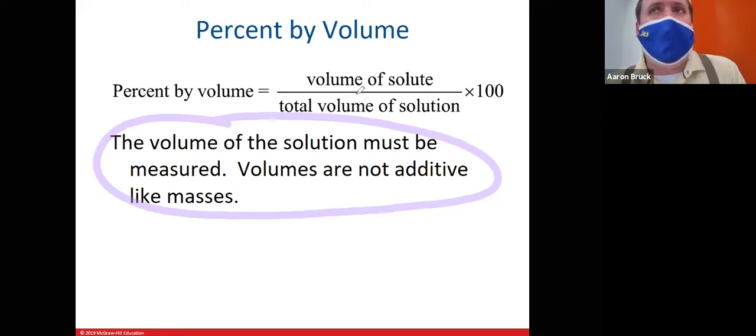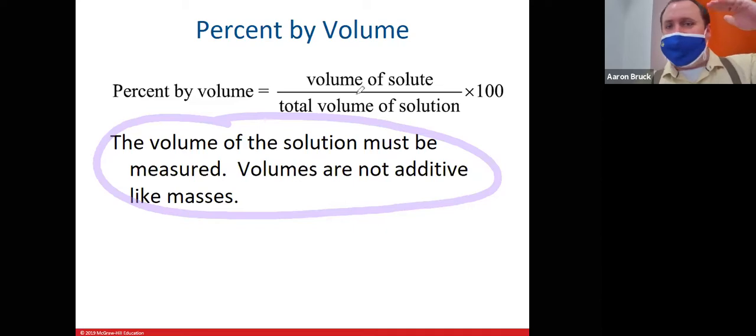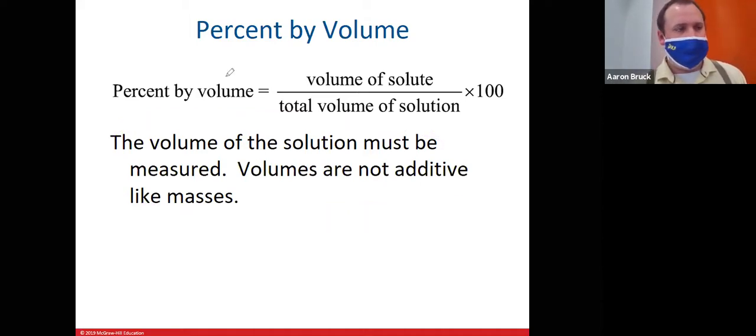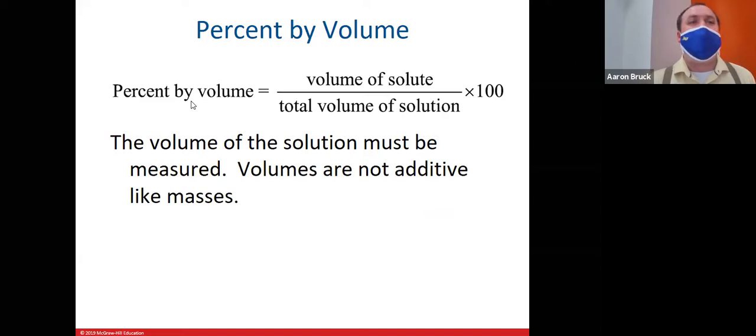Other than that, the calculation is essentially the same. Volume of solute, that is the thing being dissolved, divide by total volume times 100%. And because that part is the same, the calculations are all going to look very, very similar as well.